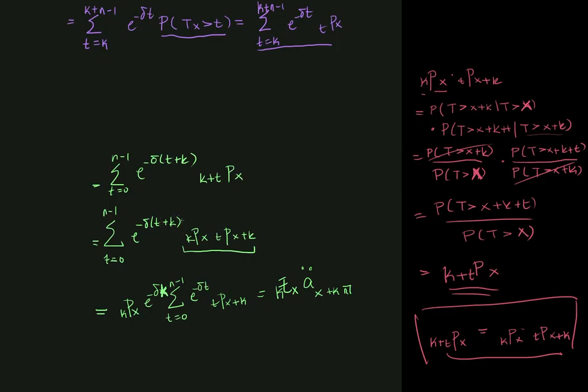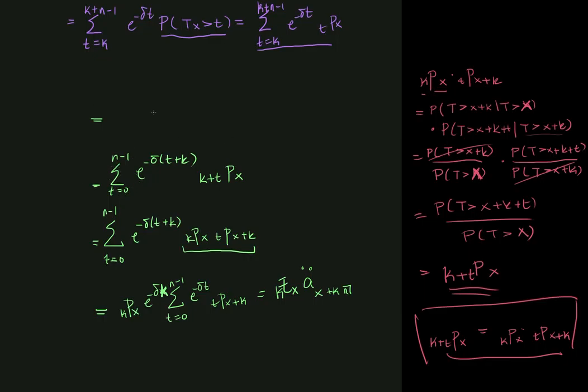And what we see now is this expression reminds an awful lot of this, and the only thing that is really missing is that we switch up the indices. So we want this sum to start in t equals 0, right? So it starts in e to the minus delta k, kpx, and then it goes up to e to the minus delta n minus 1 plus k, and then n minus 1 plus kpx.